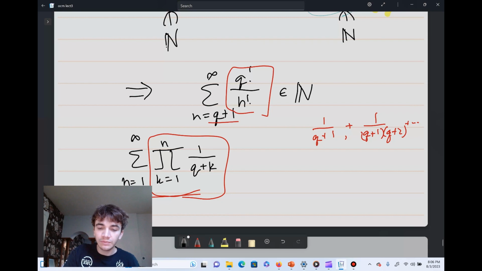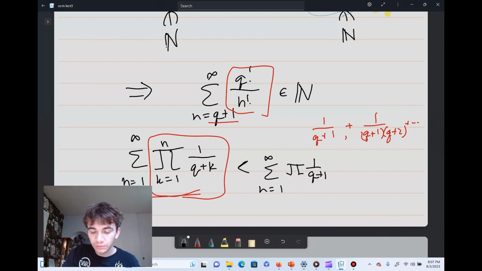So I can immediately say that this is going to be strictly less than the summation from n equals 1 to infinity of the product of 1 over q plus 1 from k equals 1 to n, which is less than or equal to 1 over 2 to the n, okay?